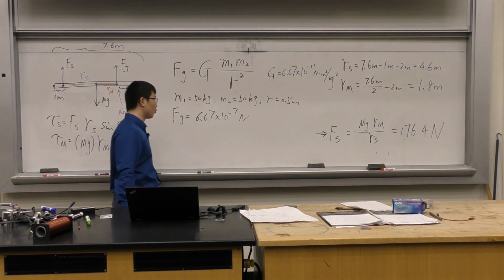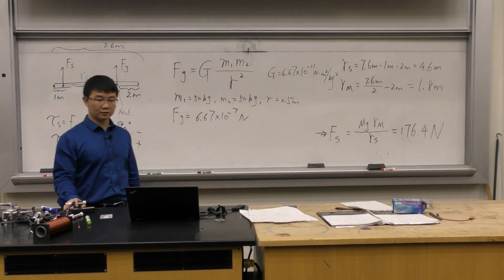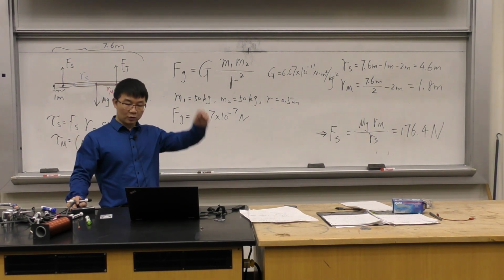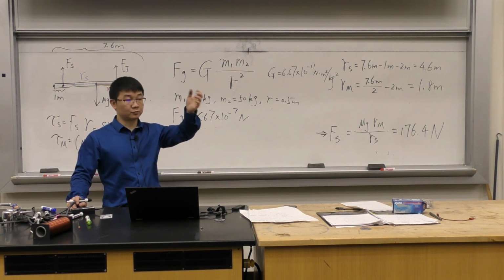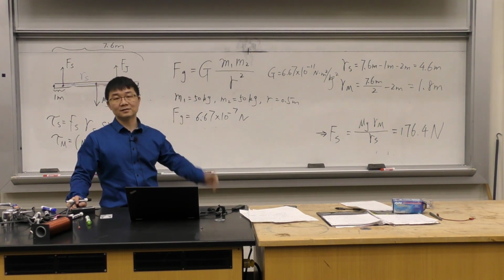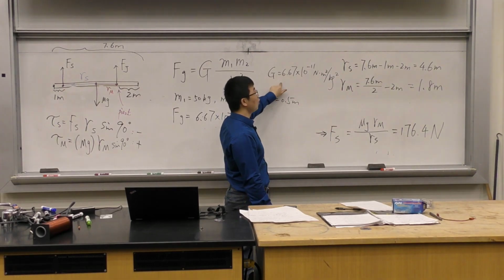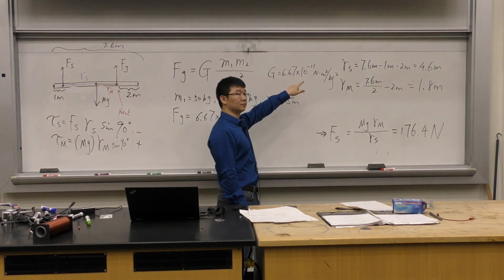Can you feel a force in the order of 10 to the negative 7th Newton? No, you cannot. That's too weak. So that's why we don't feel the forces from things around us on an everyday scale, because this big G is too small in SI units. It's 10 to the negative 11th.